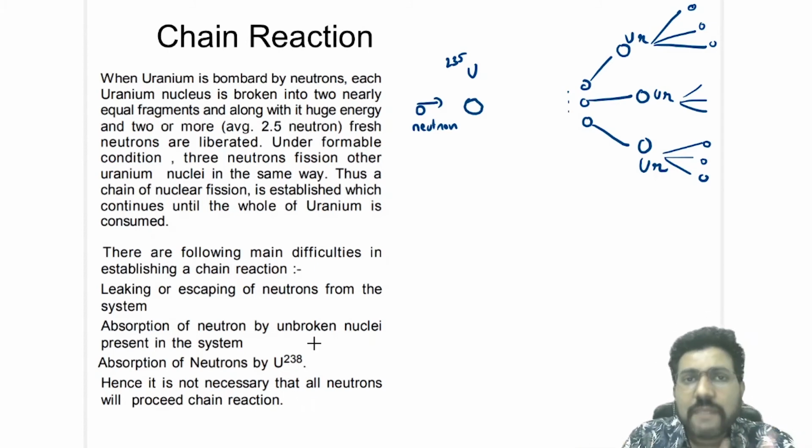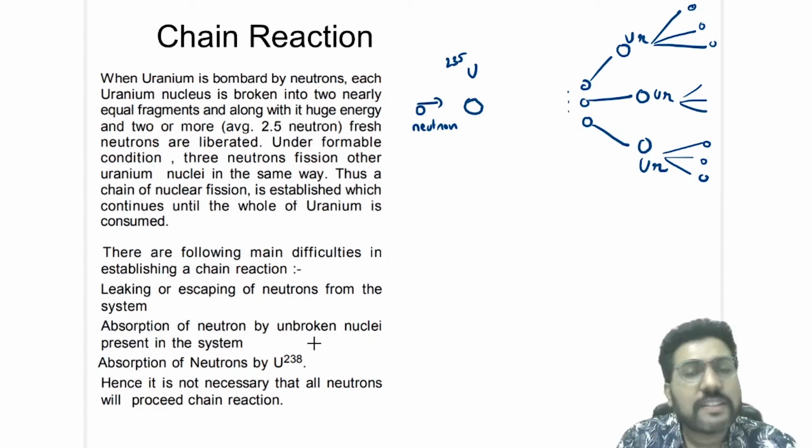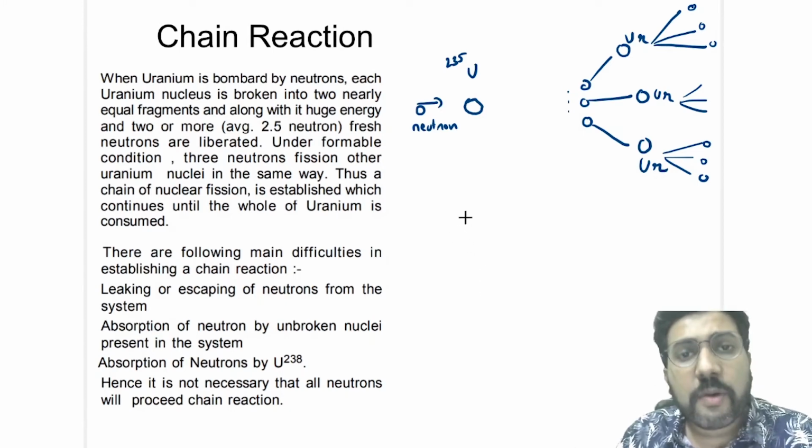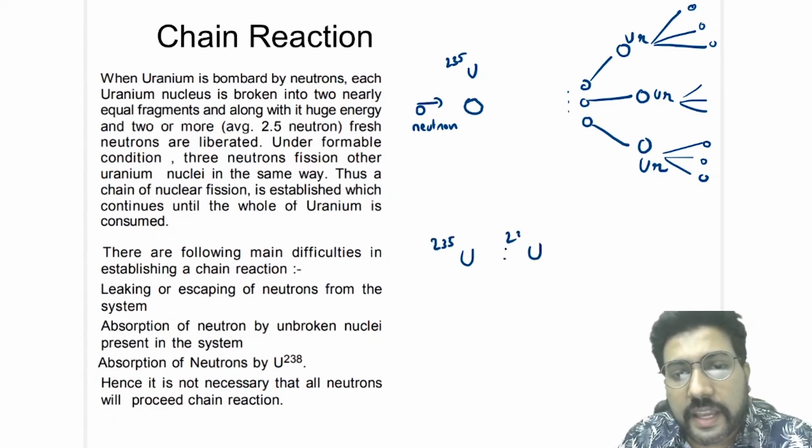So uranium-238 is not a fissionable material because it cannot absorb slow moving neutrons, but yes, it can absorb fast moving neutrons. One important thing about uranium is that the ratio of uranium-235 to uranium-238 in a sample is approximately 0.7 to 99.3.